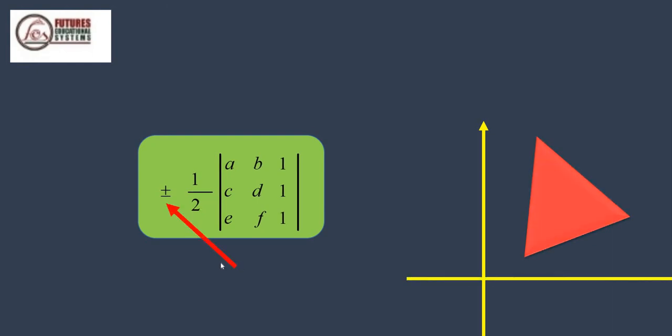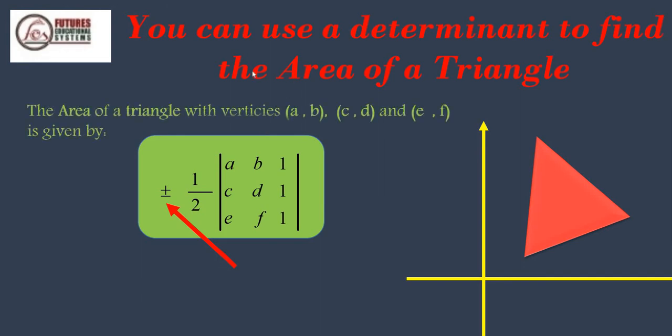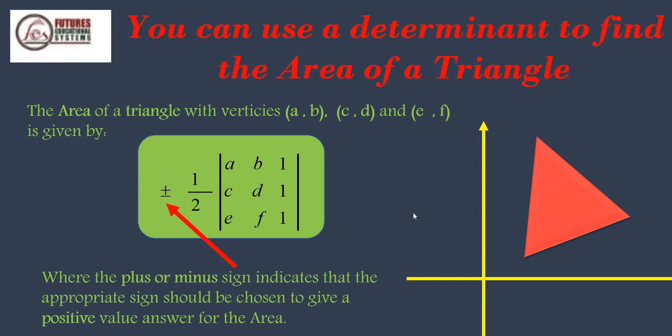This is a very important example. You can use the determinant to find the area of a triangle. The area of a triangle with vertices A and B, C and D, E and F. That's the first point, the second point, the third point.